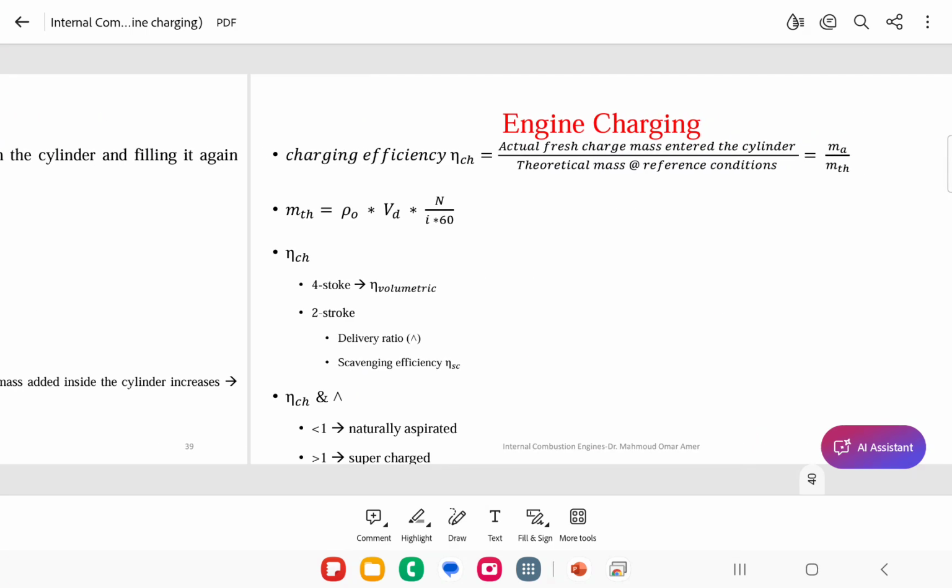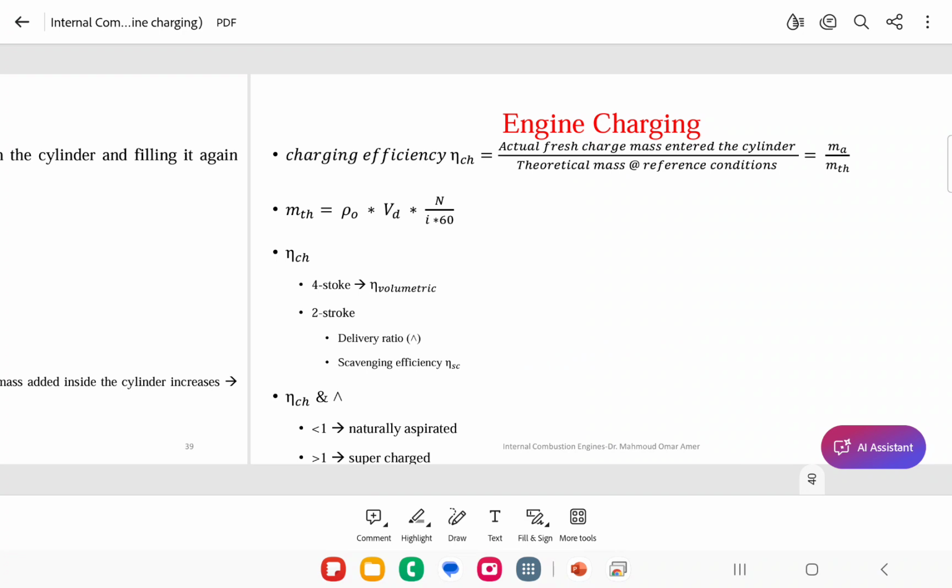So how do we know the charging efficiency? Charging efficiency is the actual fresh charge that enters the cylinder over the theoretical mass that could enter the engine. Isn't it the volumetric efficiency we previously mentioned? Correct? This is correct for the 4-stroke cycle.